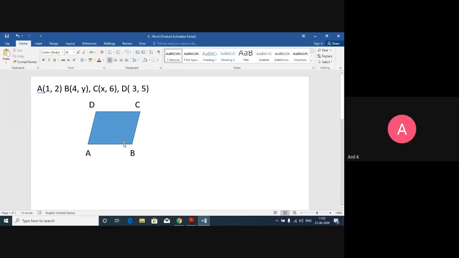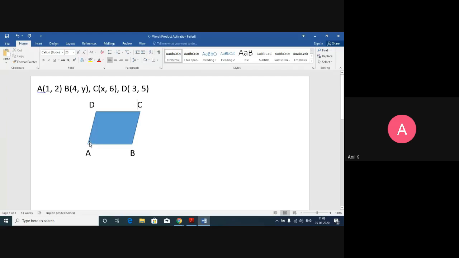I can use AB equals DC, you get one equation. Then use BC equals AD, you get the second equation. Solve both equations, then you get the values of x and y. Instead of the lengthy process, we go for the easiest one.